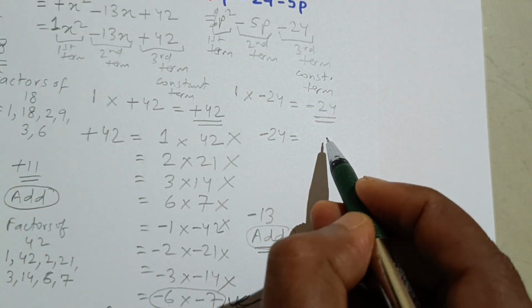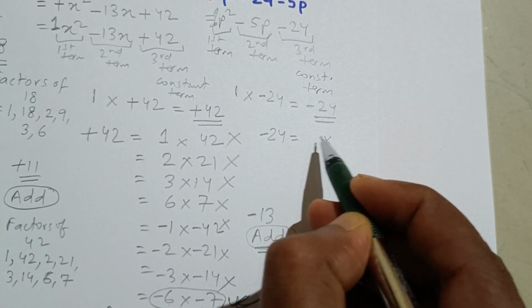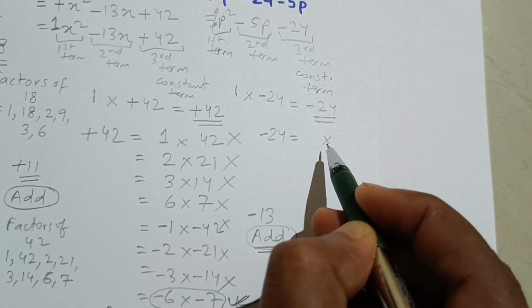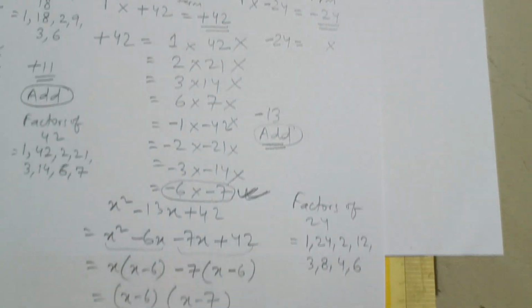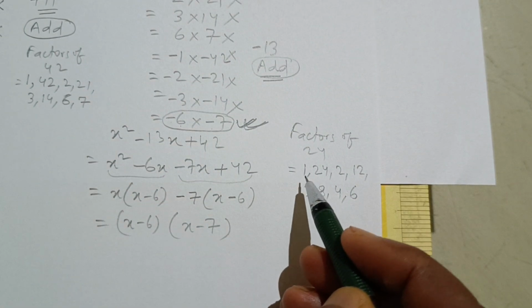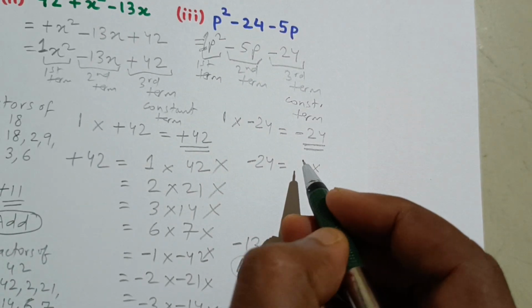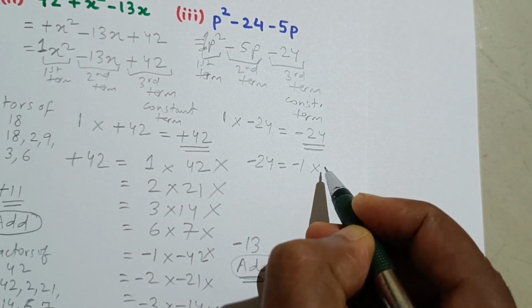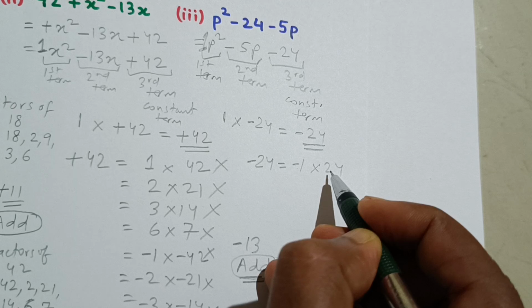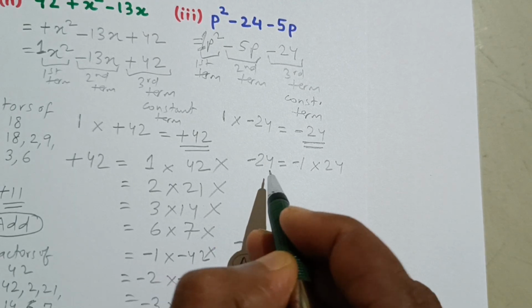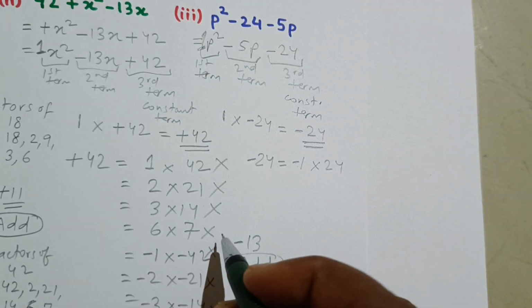Now you have to find the integer pairs whose product is minus 24. So look at 1 and 24. If I do minus 1 into 24, then the product is minus 24.